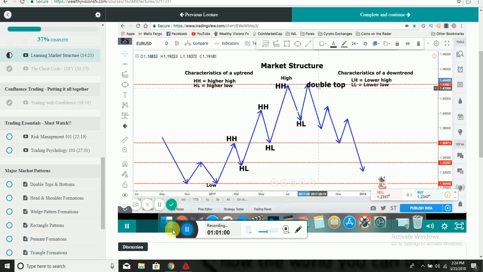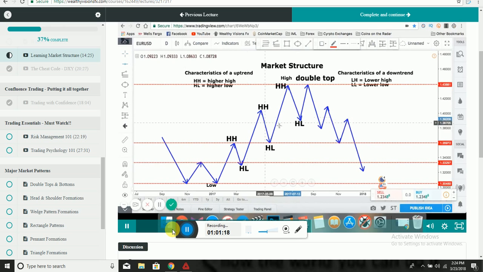Okay, so now when we get a double top formation, right, and we get this push down, and we get a break of this structure right here, right, let me mark it off.